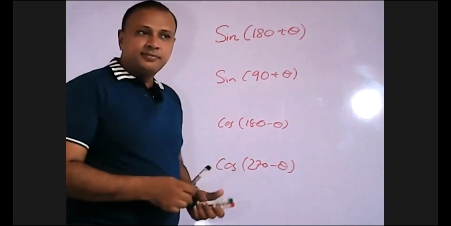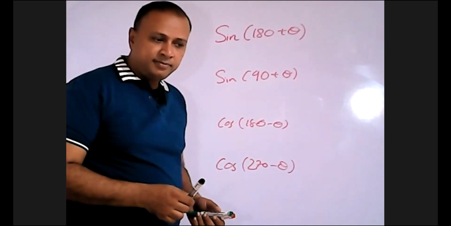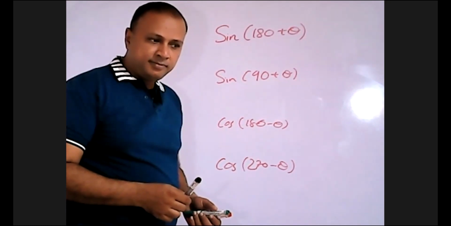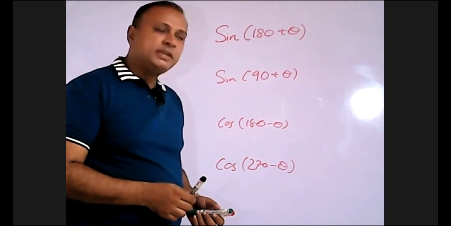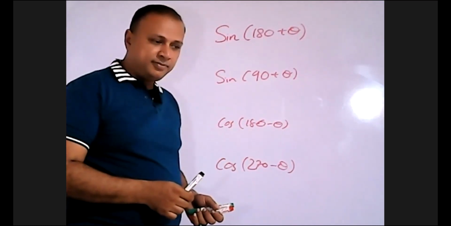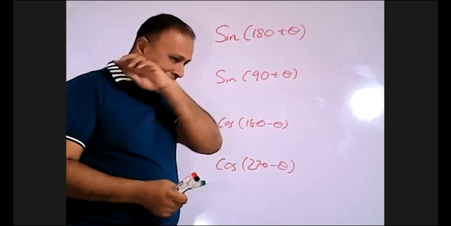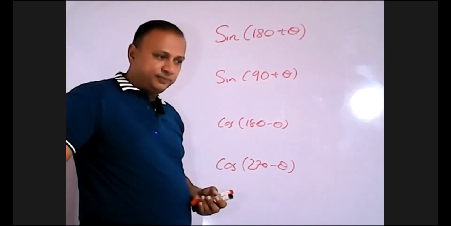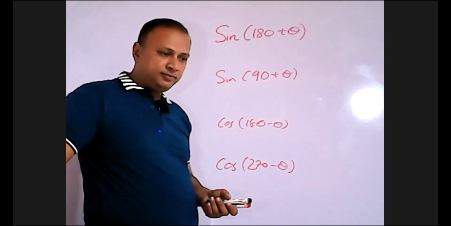If the multiplication of 90 is an even number, we write sine as sine, cos as cos, tan as tan. And if it's an odd value, if it's 90 or 270, we write sine as cos, cos as sine, and tan as 1 over tan.